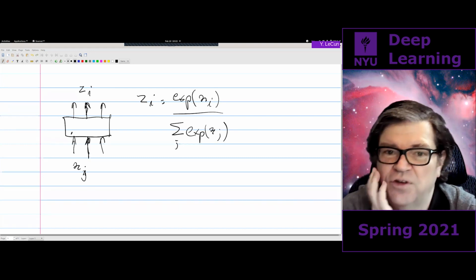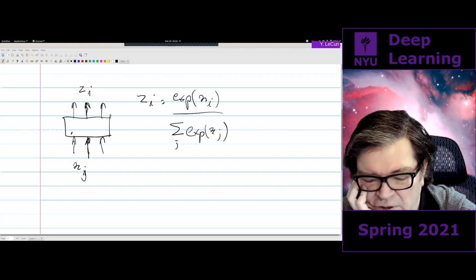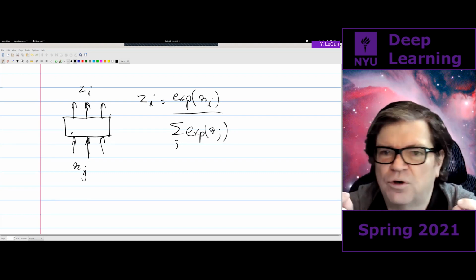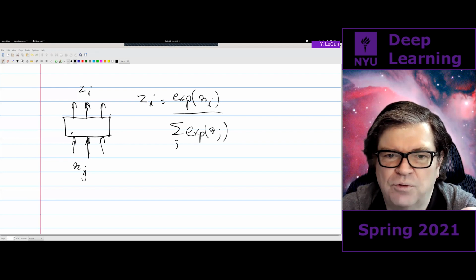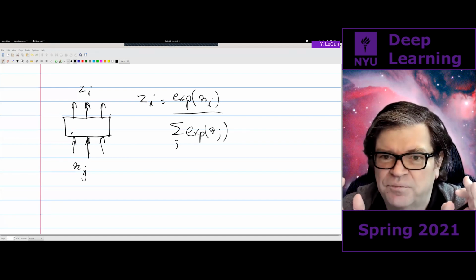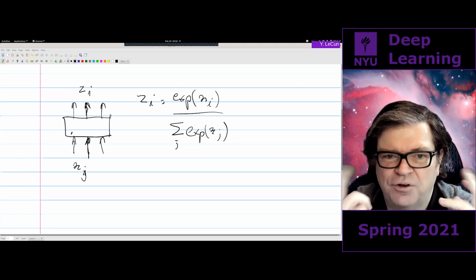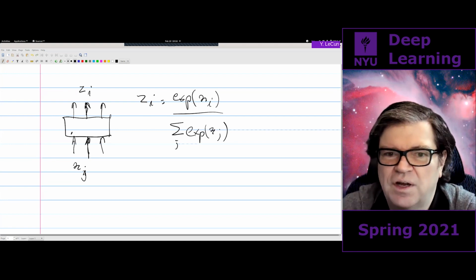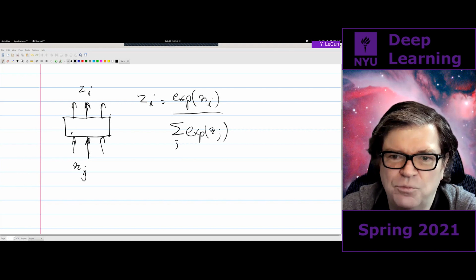Now, what does that give you? It basically allows you to transform a bunch of numbers, the xi's, whatever they are, into another bunch of numbers, the z's, that are between 0 and 1 and sum to 1.